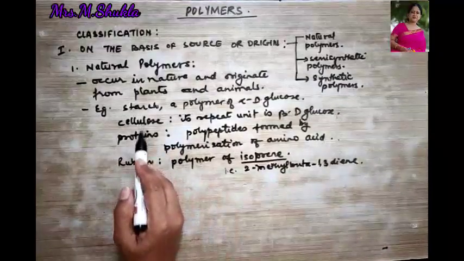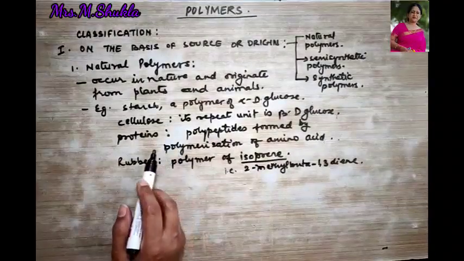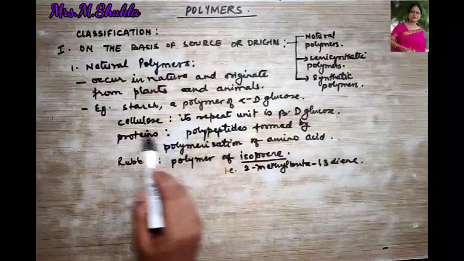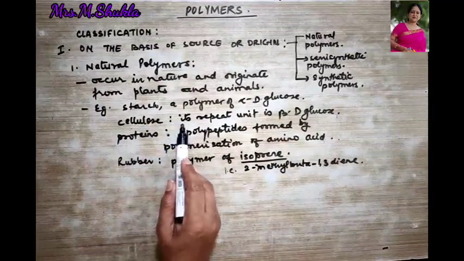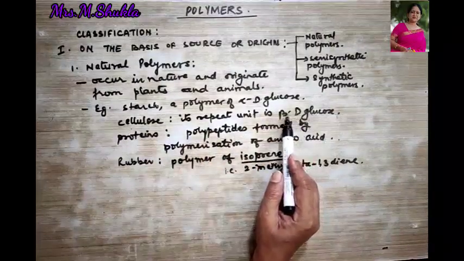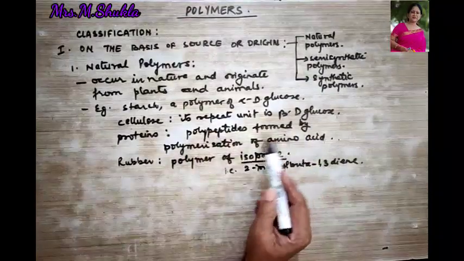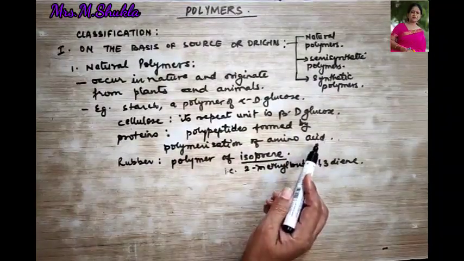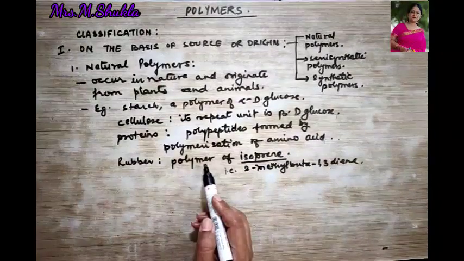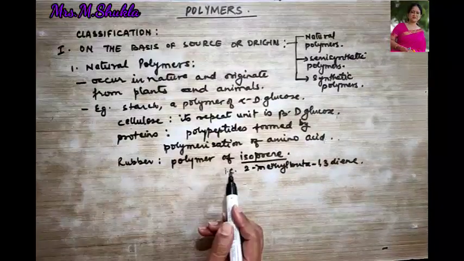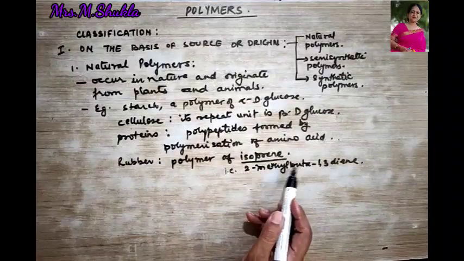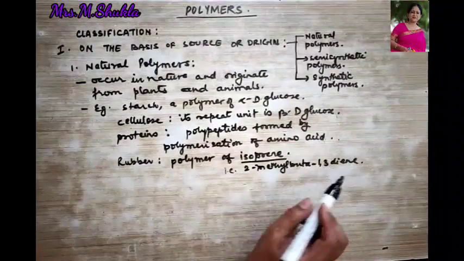Clear? So these are also some of your natural polymers, and these are the monomers. Cellulose is made up of the repeat unit beta D glucose; proteins are polypeptides formed by the polymerization of amino acids; and rubber is a polymer of isoprene, or 2-methyl buta-1,3-diene.